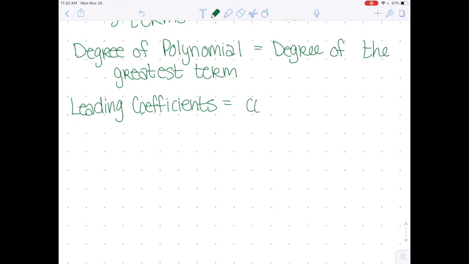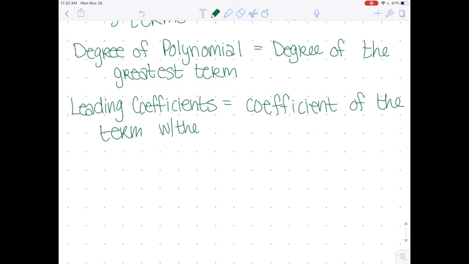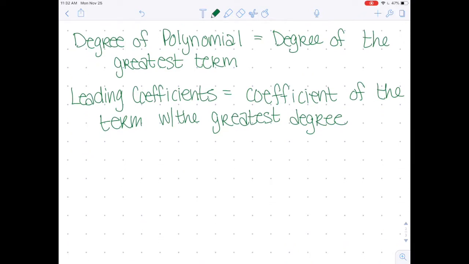Coefficient of the term with the greatest degree. Okay, and the last little note we need to make is standard form of a polynomial.